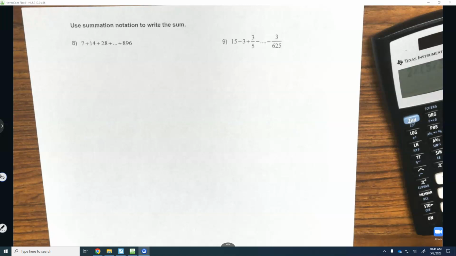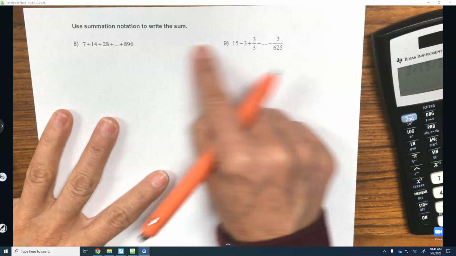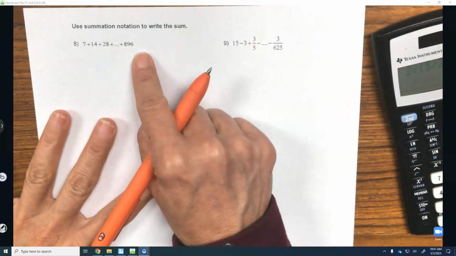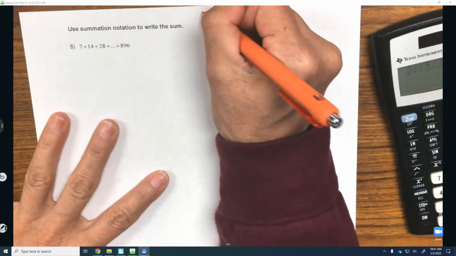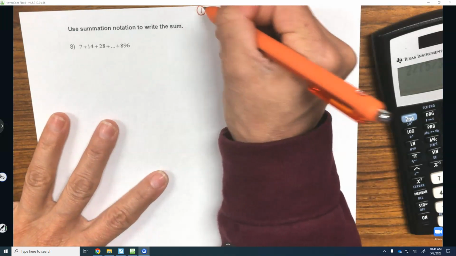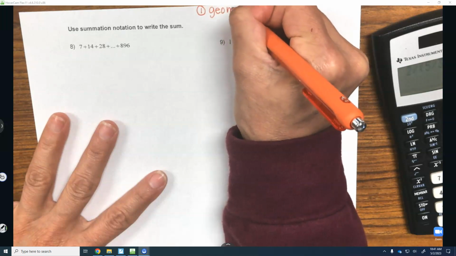The next thing I'm going to ask you about when it comes to finite and infinite series is actually writing backwards. I'm going to give you a sequence and you have to write it in summation notation. There are 3 steps. The first step is to find the geometric sequence.